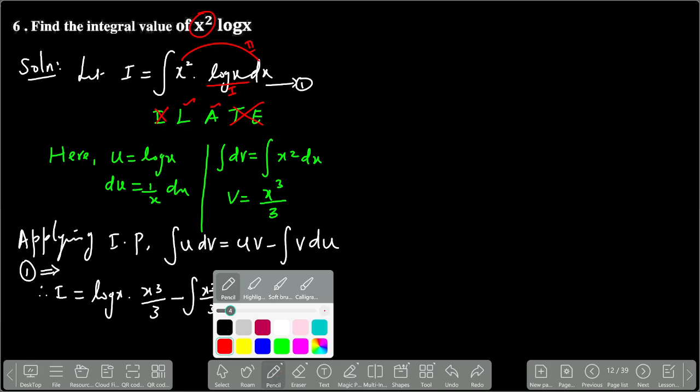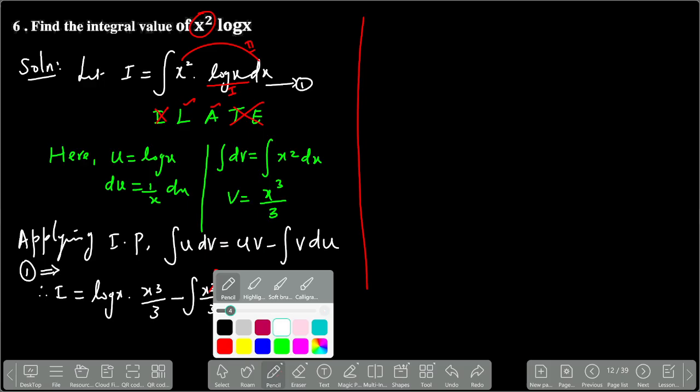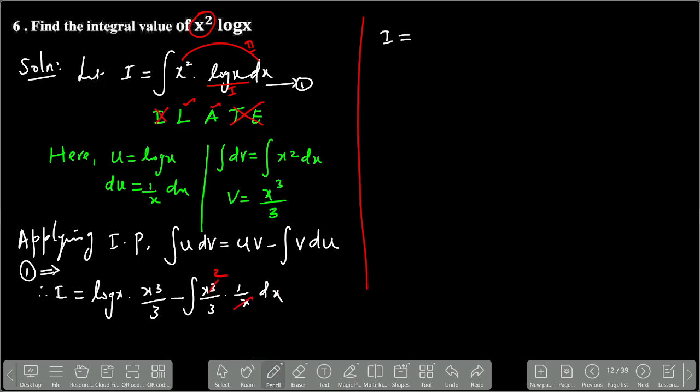Yes, here x cancels, correct? What is remaining here finally? I equal to x cube divided by 3 into log x minus 1 by 3, constant taken outside, integral of x square dx. Any doubts? Any mistake? There is x square, any cancellation? u is log x, du equal to 1 by x.